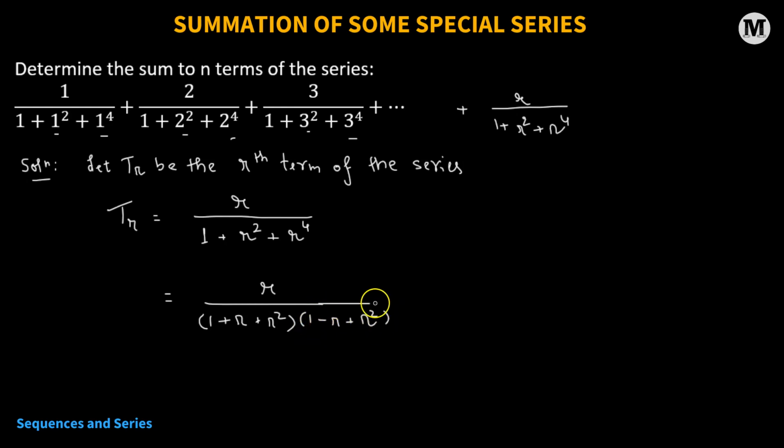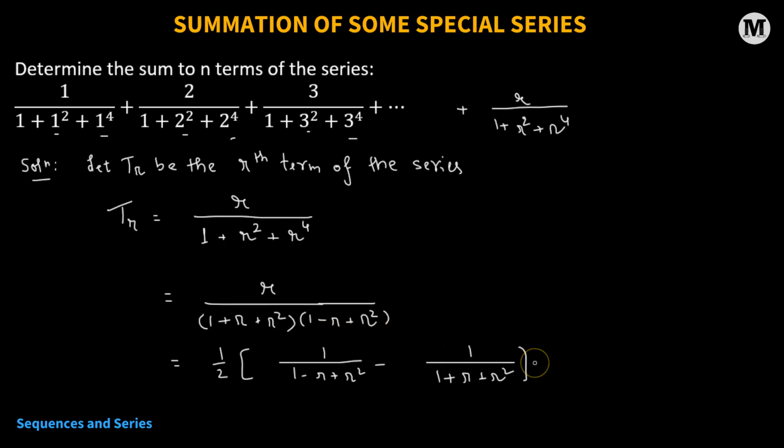Fine. Next we will decompose this, and when we decompose this, we are going to get half multiplied by 1 over 1 minus r plus r squared minus 1 divided by 1 plus r squared. So this is going to be the rth term of the series.